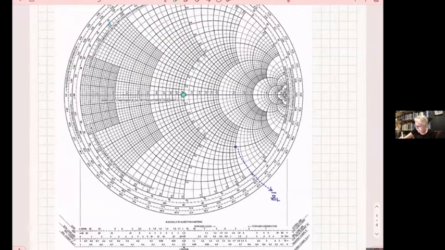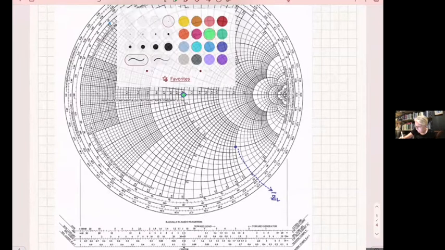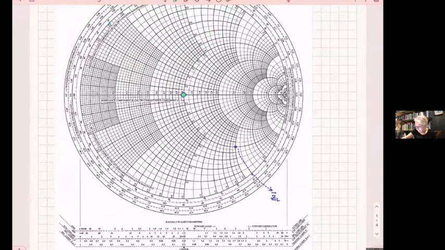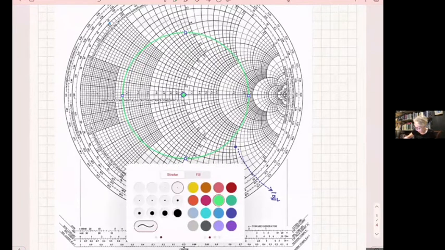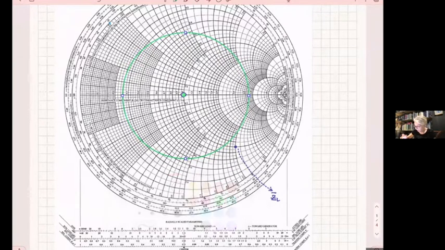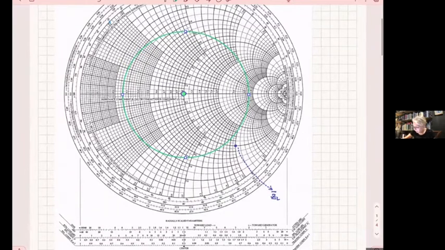So I'm gonna draw a circle that looks like this. It's not exact, but I will place it. You see that? Maybe I need to use it a little darker. There.